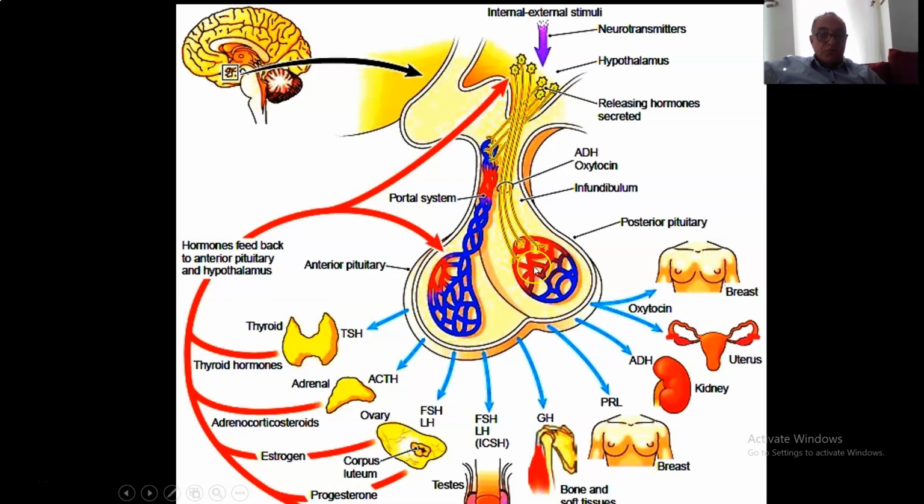They are stored in the posterior pituitary, and then oxytocin works on the myoepithelial cells, basket cells, that compress the acini, producing milk, and they are stimulated by sucking, and it also helps in uterine contractions during delivery or during orgasm. And the antidiuretic hormone works on the distal convoluted tubules responsible for the facultative water reabsorption. These are the posterior pituitary hormones.